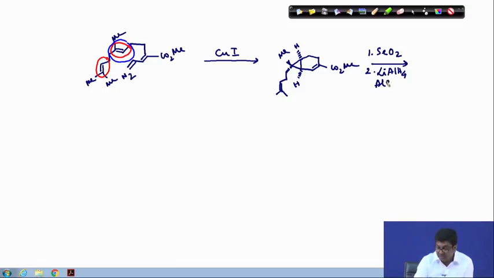First, selenium dioxide mediated allylic oxidation, where this allylic methyl will be oxidized, this part will be oxidized. And after that reduction, in presence of lithium aluminum hydride, the reduction will occur and finally give the ester to the corresponding alcohol, so that will eventually give this natural product.